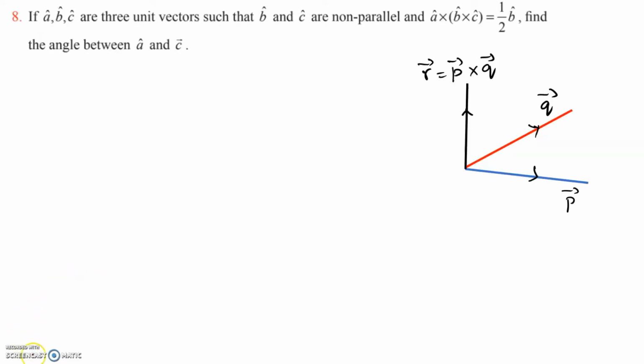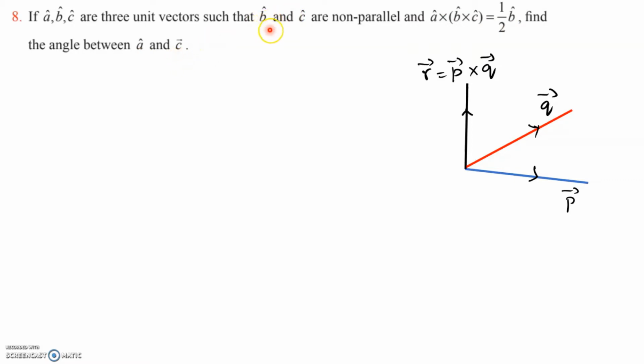Let's read the question. The question says, if A cap, B cap, C cap are 3 unit vectors such that B cap and C cap are non-parallel, and A cap cross B cap cross C cap is equal to half of B cap, then find the angle between A cap and C cap.